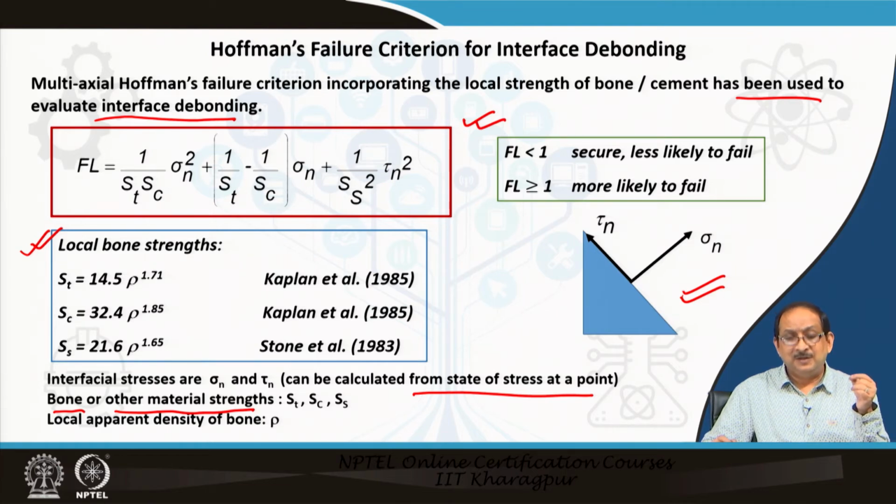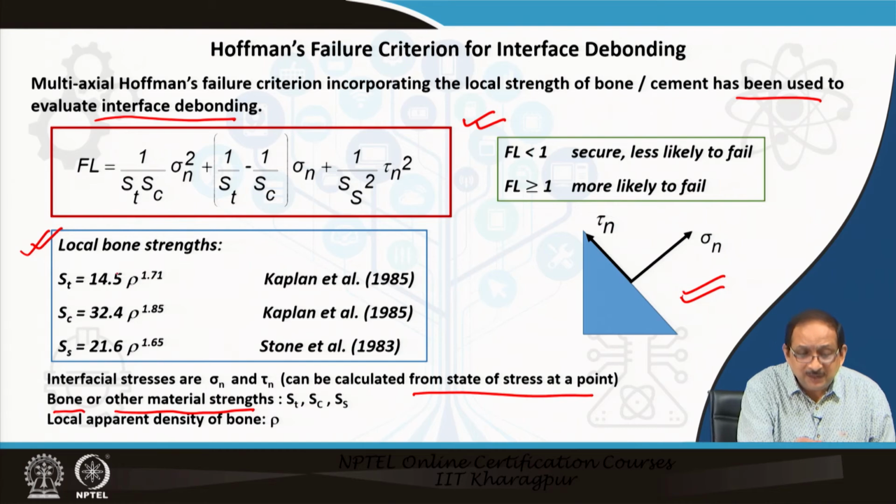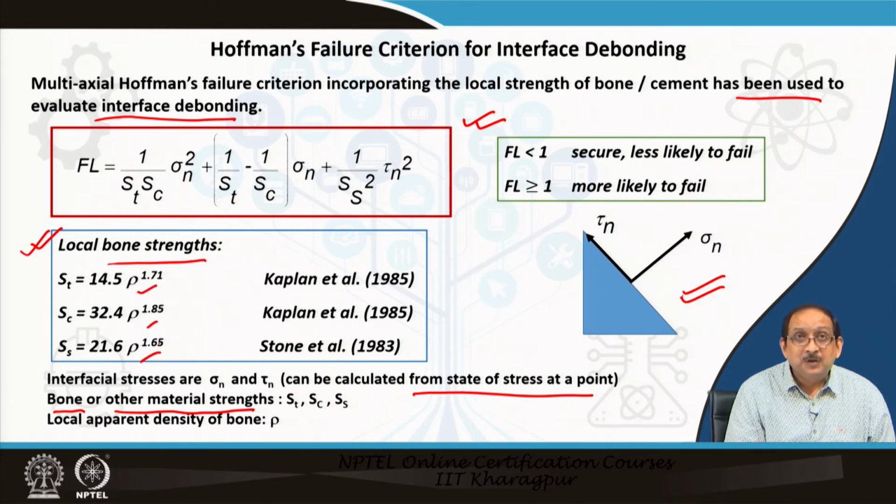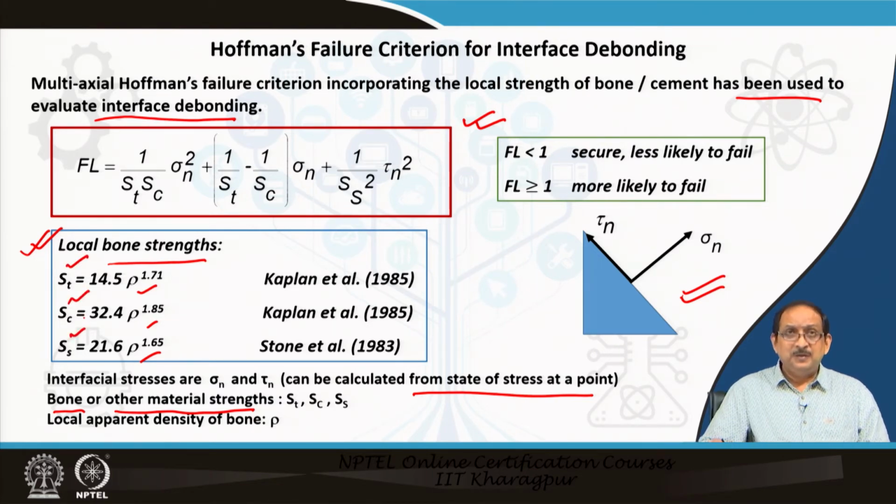failure criteria. Now, the local bone strength as a function of bone apparent density rho is presented here. The relationship between the tensile strength, compressive strength and the shear strength of bone can be calculated from the local apparent density of bone.